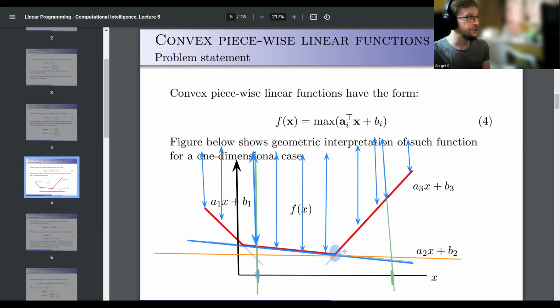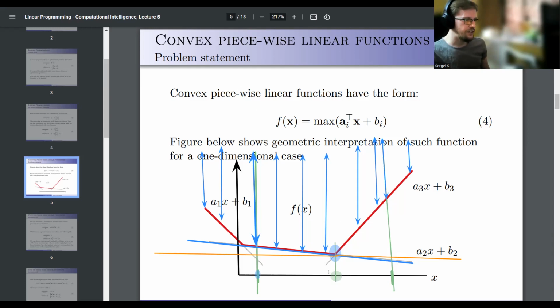This is the smallest one, and this is what the solver will find. It will look for such x that allows it to get us the smallest t possible. And when you find this value, you automatically find x. What is the x corresponding to this problem? Well, this x. And this would be the actual solution.